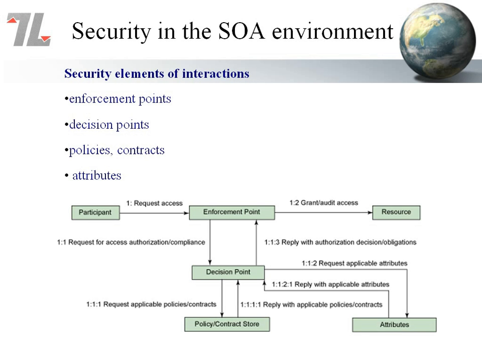If a participant, who can be a person or a program, would like to utilize the capabilities of a resource, a service, an application, data, or some real thing, then it gets in contact with it. The figure illustrates the security points of this connection. The participant first faces an enforcement point.